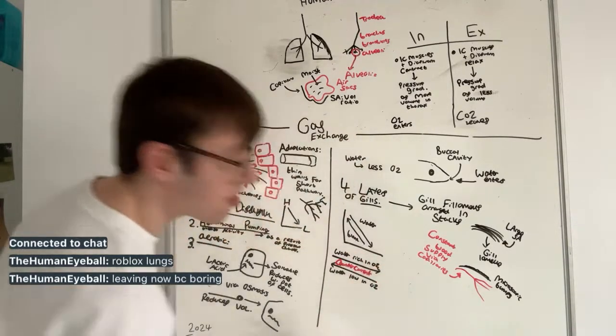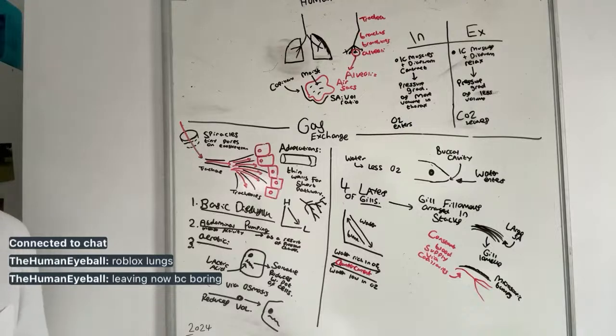Which means there is a constant diffusion pathway, or a constant diffusion gradient, I should say. Pathway is more when talking about physical surface. This is more a diffusion gradient.